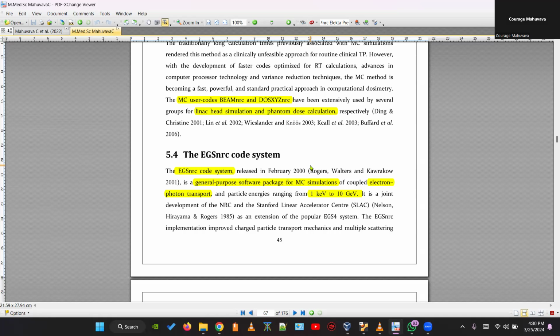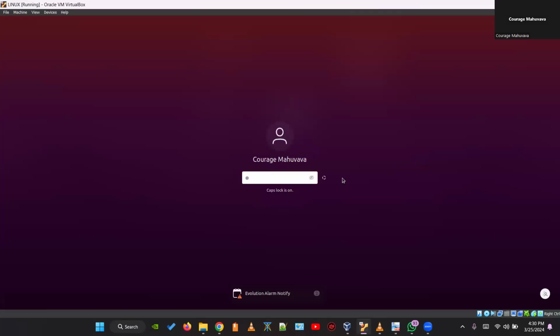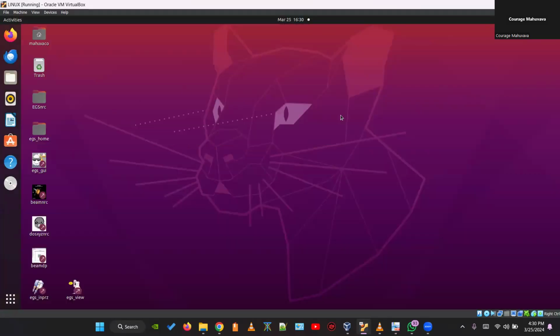All right, so the EGSnrc code system itself consists of these. I'm not sure if you can see my screen right now, but I hope so. So the EGSnrc system consists of many codes, some of which I've shown you here, right?